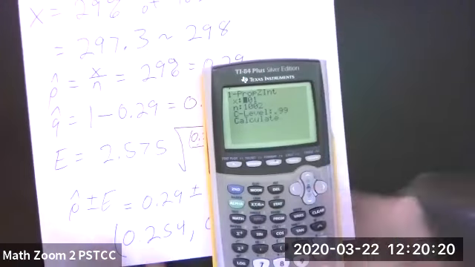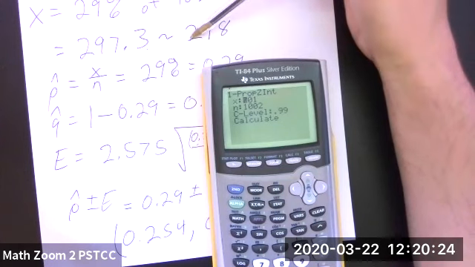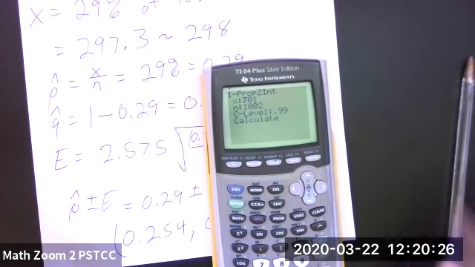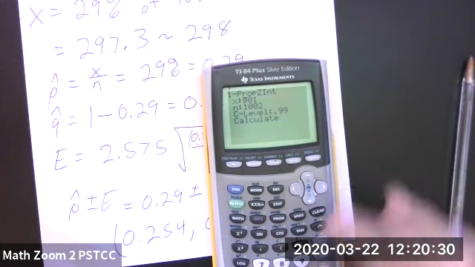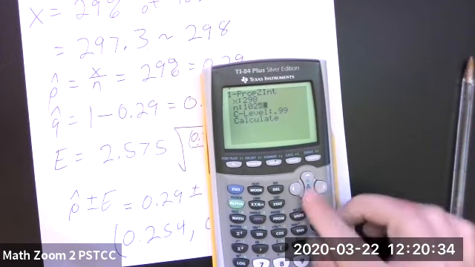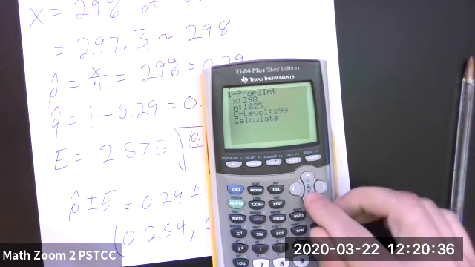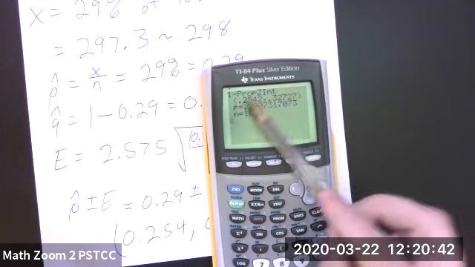So if we come up with an x, like here we had a decimal, make sure you round that up. So x this time will be 298. The total is 1025, and the confidence level is 99%. And there we can see the solution.